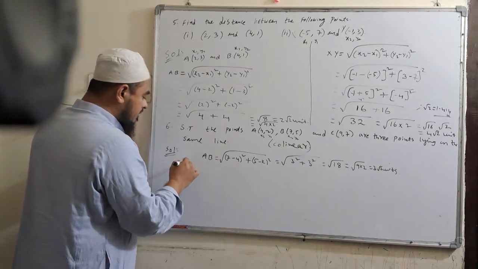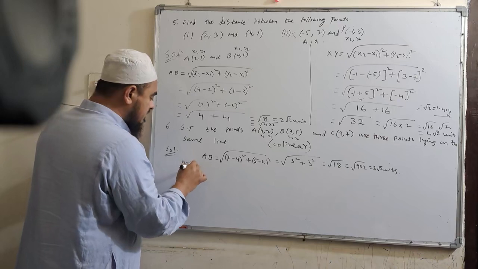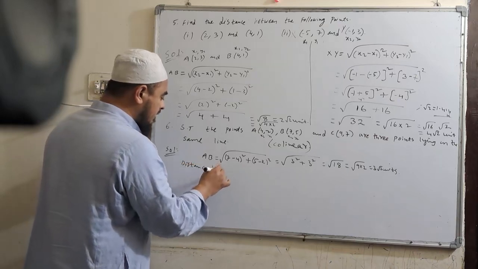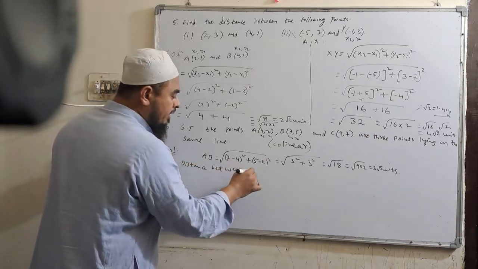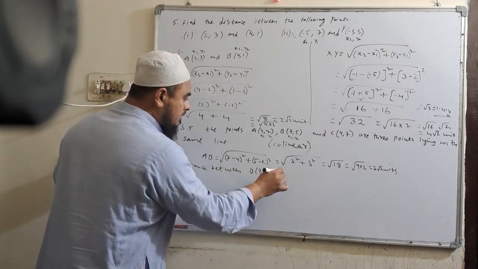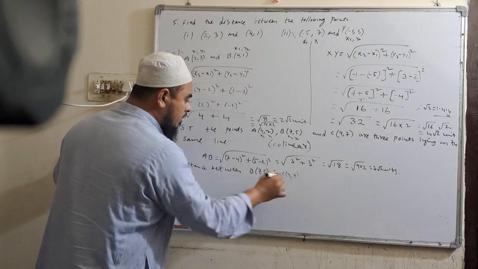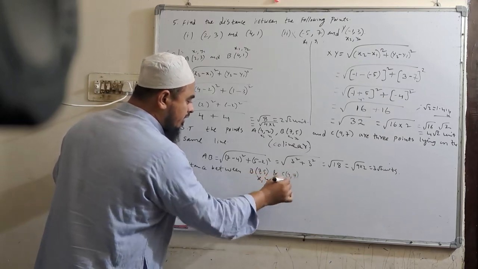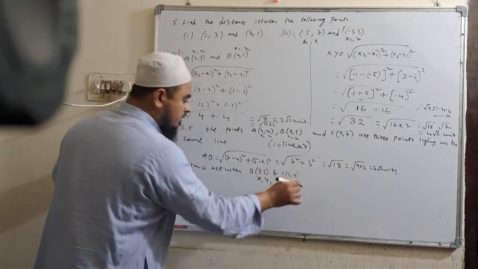Next you have to find the distance between B and C. B is 7, 5 and C is 9, 7. So here, this is x1, y1, this is x2, y2.